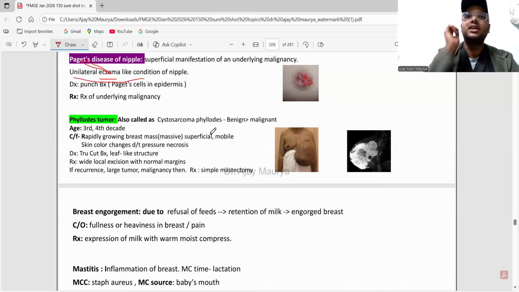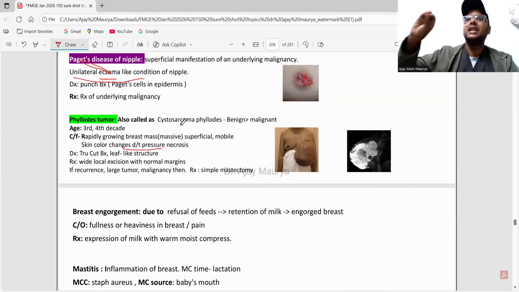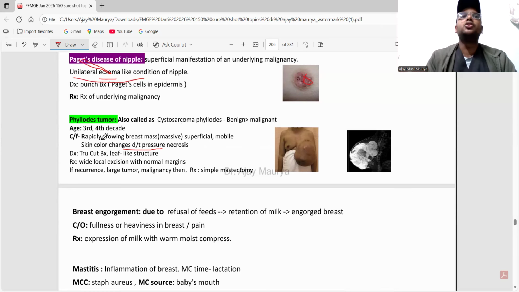Diagnosis is by true-cut biopsy, which shows a leaf-like structure. Treatment is wide local excision, and if there is recurrence, you have to do a simple mastectomy.